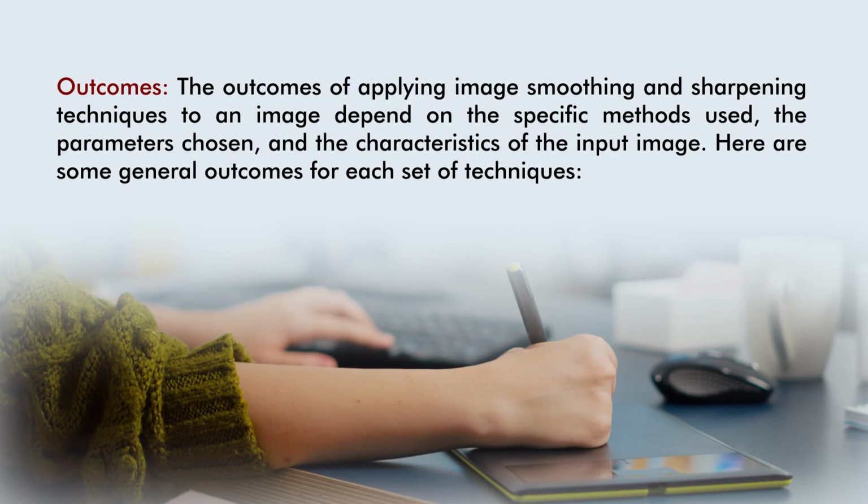There are some outcomes of that particular topic. The outcomes of applying image smoothing and sharpening techniques depend on the specific methods used, the parameters chosen and the characteristics of the input image. Here are some general outcomes for each set of techniques.